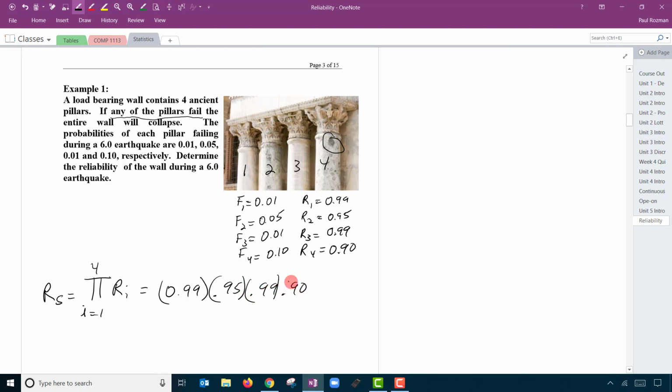I know my answer is going to be less than 90%. I mean, it can't be more reliable than its weakest part. So when we calculate this thing, I'm expecting something under 90. Taking out my trusty calculator, I get 0.8379855.